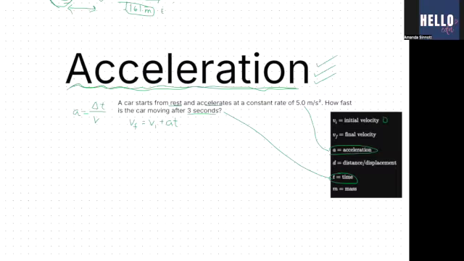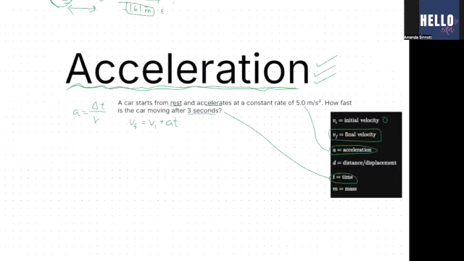We're looking for how fast the car is moving after 3 seconds. So that would be our VF, remember, which is our final velocity, F for final. Because we're going to find our velocity, we're going to use our velocity equation. VF, final velocity, equals VI, initial velocity, plus AT, acceleration and time.